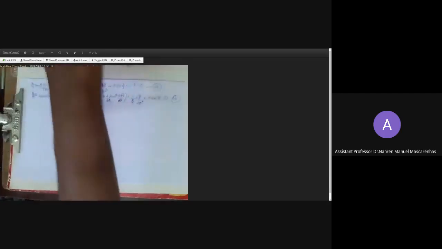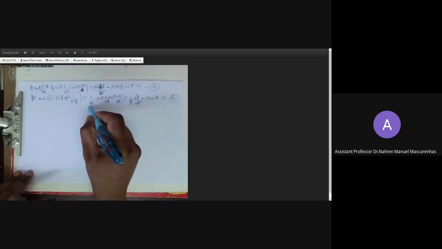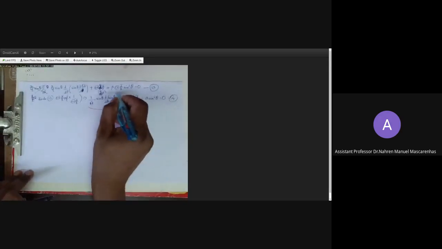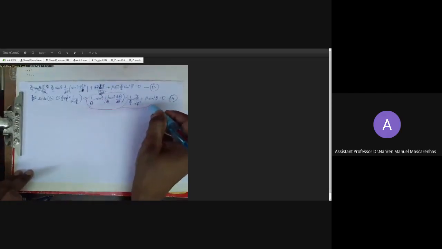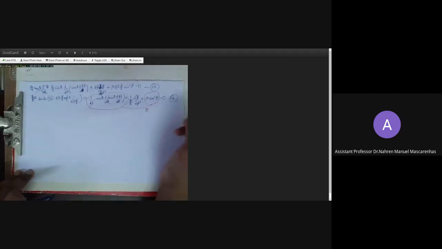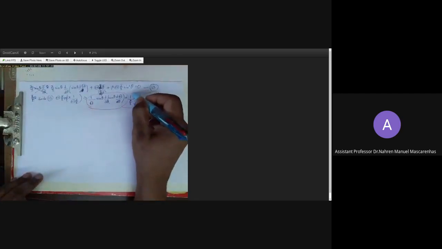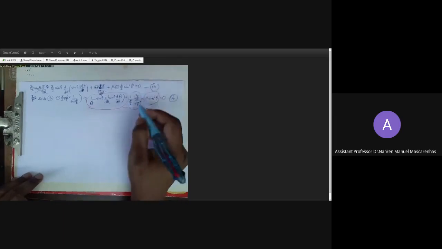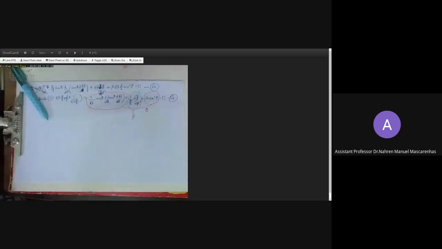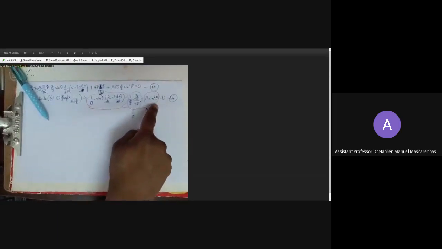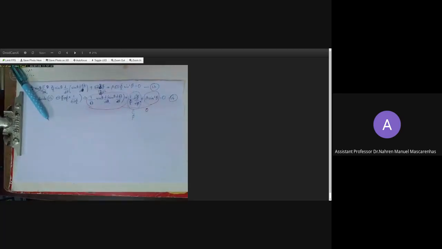This one completely depends only on theta, and this one completely depends on psi. Actually, I have written this in green and this in red. Okay, so this is like this.